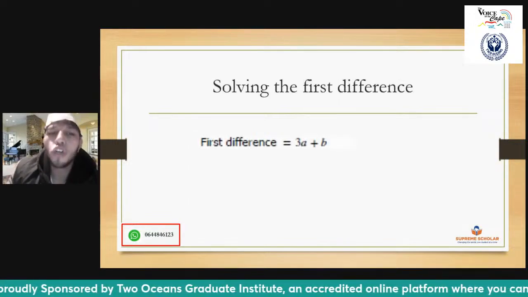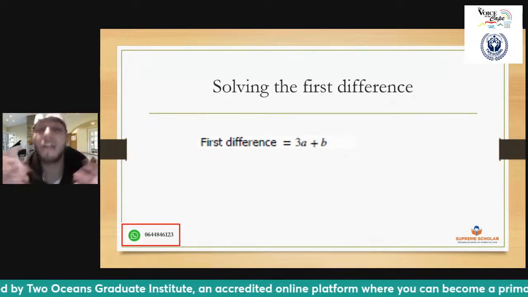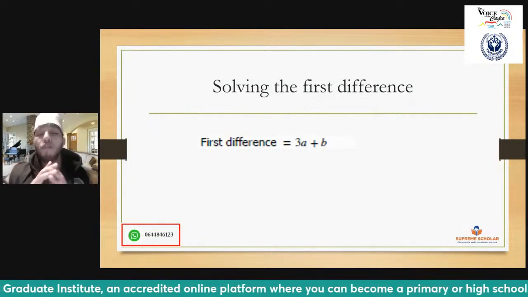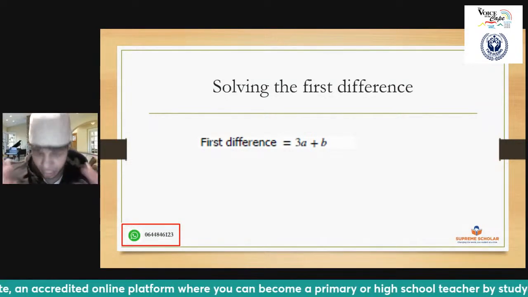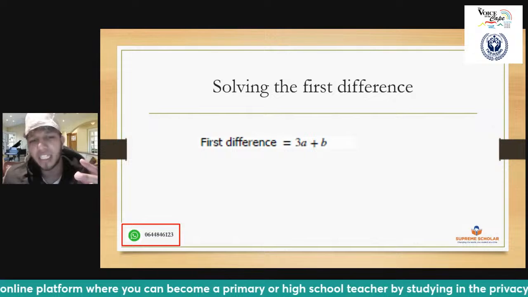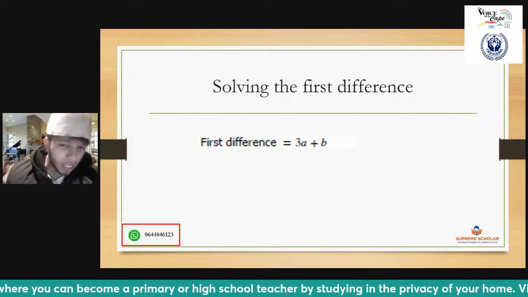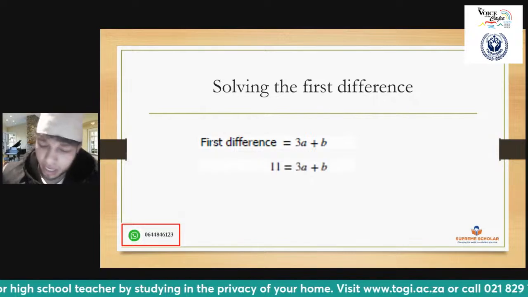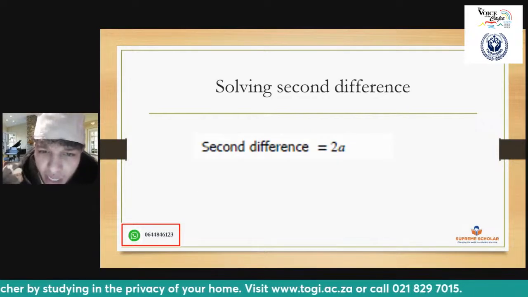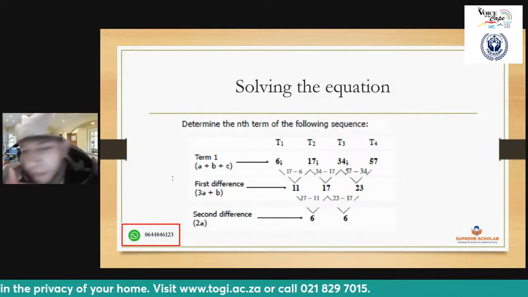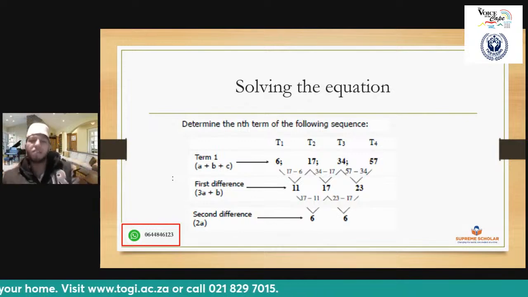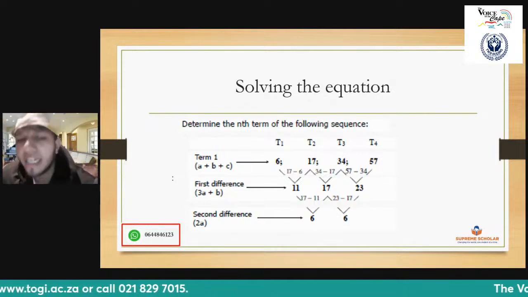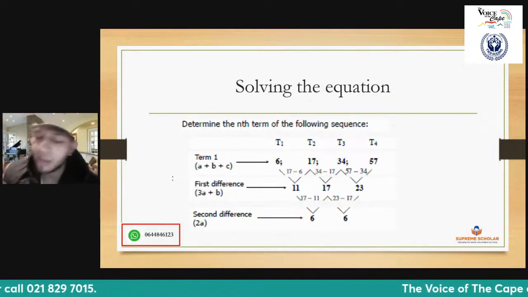Then we use the first difference to solve for our B. Remember, I told you the second step: you use the first difference and the value of A that you solved in the first step to get your value of B. If you go back, our first difference is 11, 17, and 23.